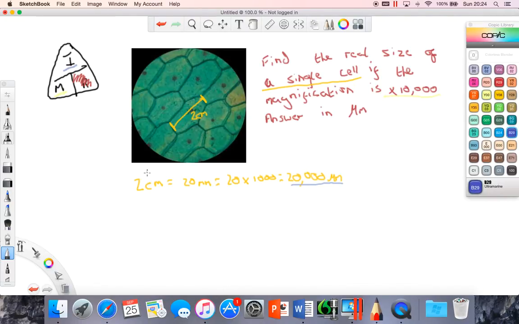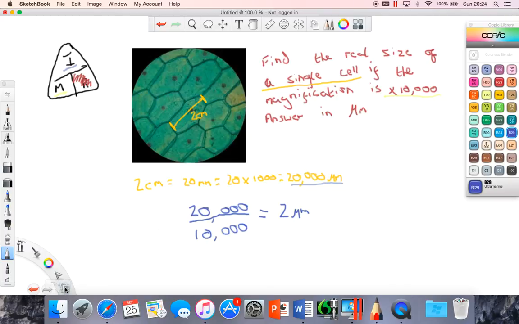So if we work that out now, we would do 20,000 divided by, because we've put our thumb over the real size, 10,000, which gives us a real cell size of 2 micrometers. Okay, that would be our real cell size.